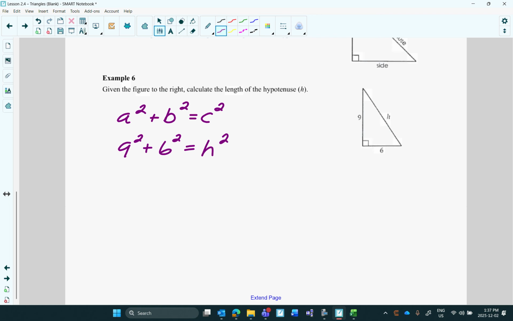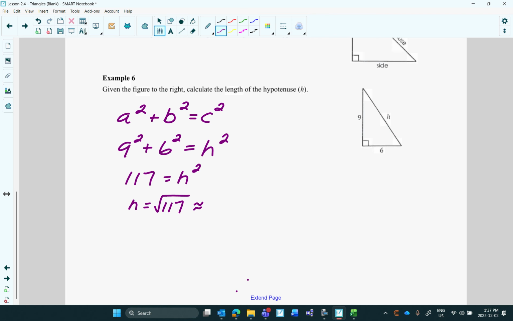So 9 squared plus 6 squared, well, that's 81 plus 36, which gives me 117. Therefore, H is going to be equal to the square root of 117. And usually, because we're doing problem solving, we would use our calculator and estimate it.